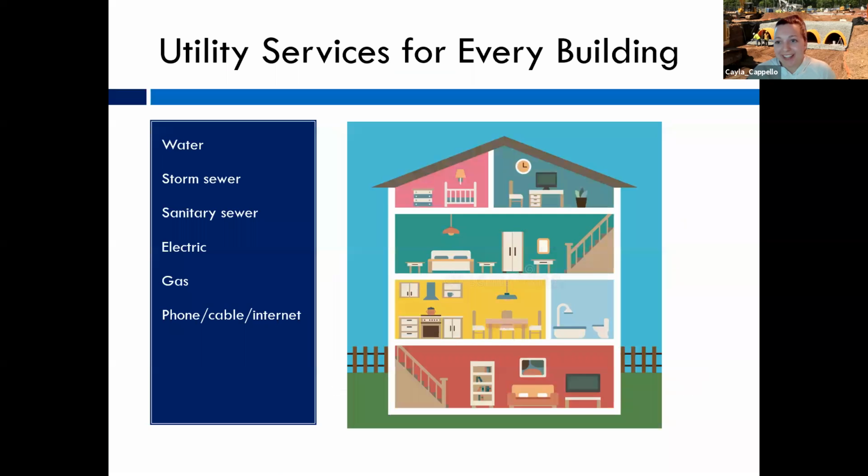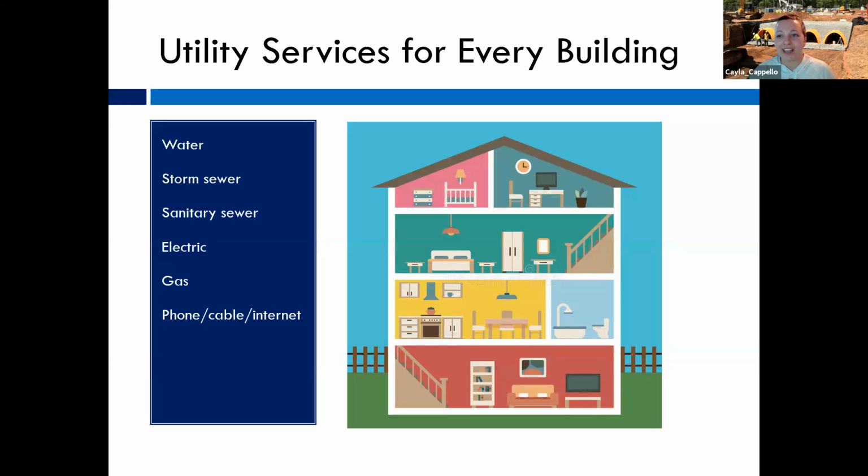Next slide, please. So to start you off, we're going to think about something we briefly touched on last week when we were looking at site analysis, which is the utility services that you're going to need for any building that you would consider to be not a camping experience, we'll say. Obviously, you can go outside of that or do without these things.